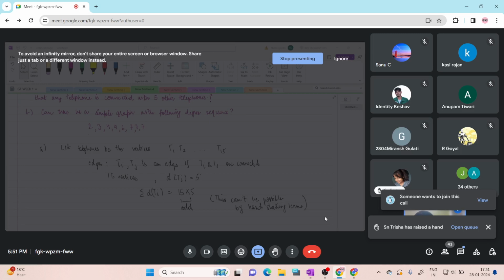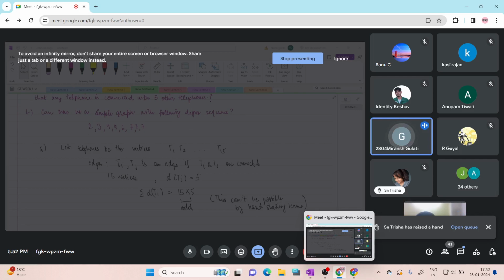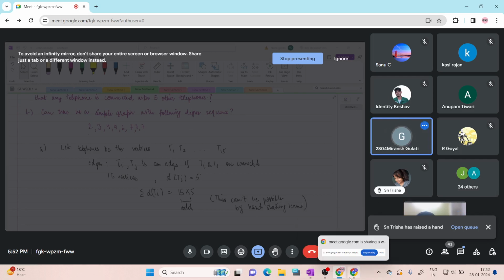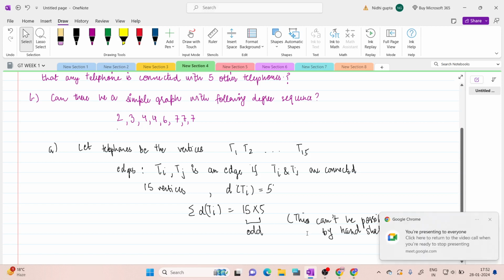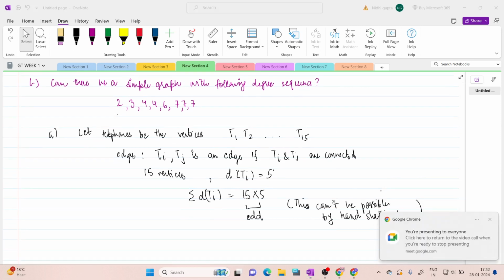Now, somebody said no. Who wants to answer why it is not possible? Ma'am, every vertex should have degree at least 3, but there exists a vertex with degree 2. That is why it is not possible. So he is saying that every vertex should have degree at least 3, but we have a vertex of degree 2.